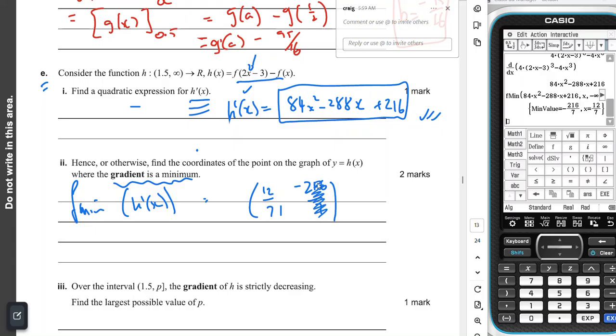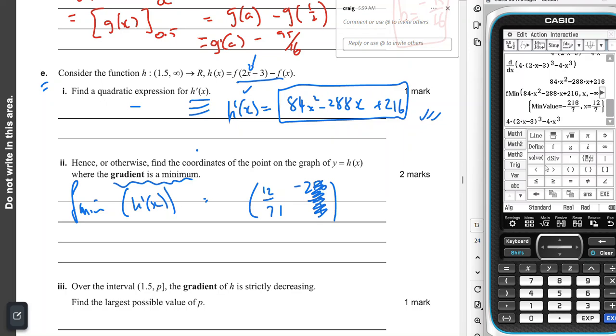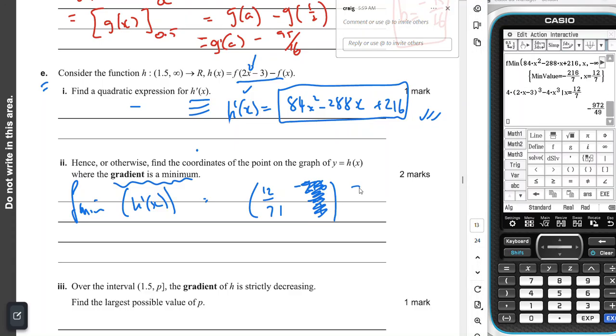No, that's the gradient. I need to go back to this expression, and into that expression I need to make x equal 12 on 7. So it's negative 972 on 49. So that's the y coordinate, that's the x coordinate, when the gradient is a minimum.